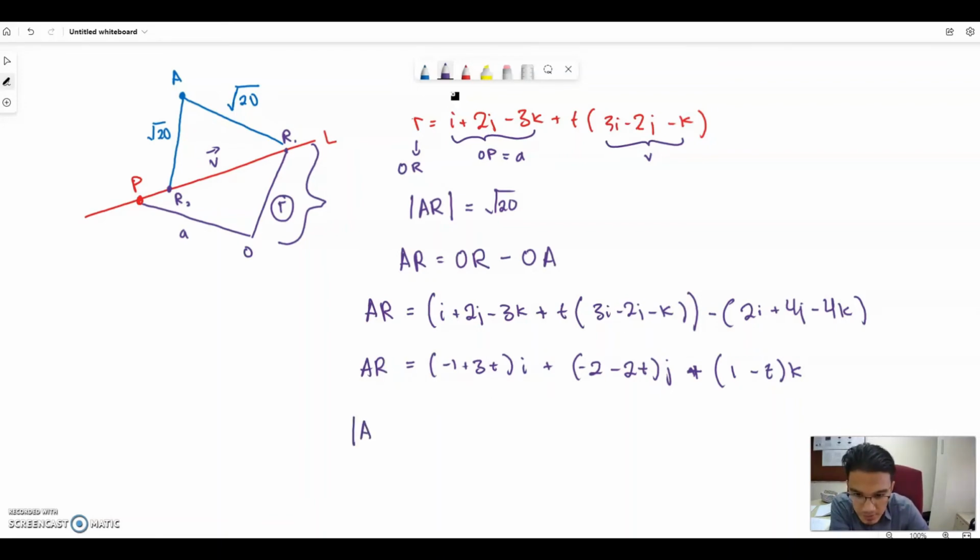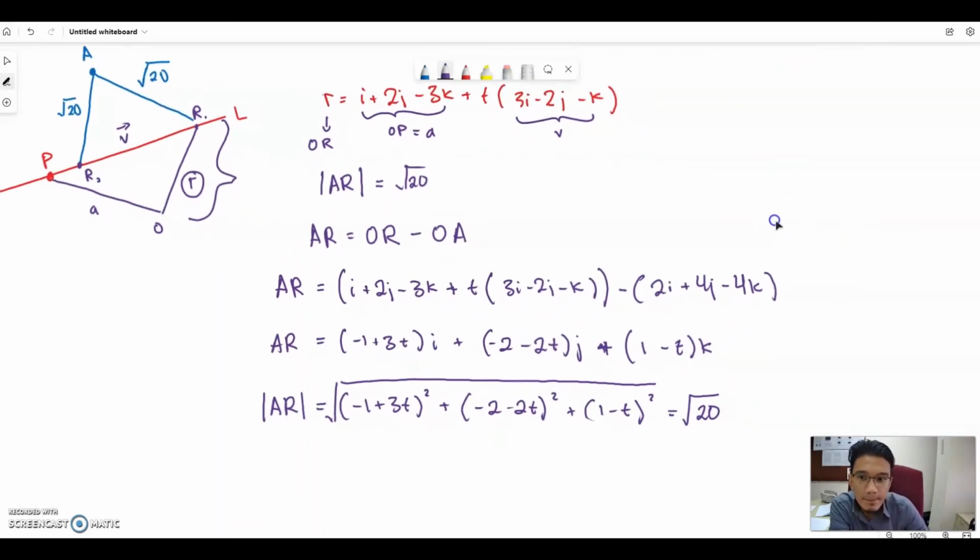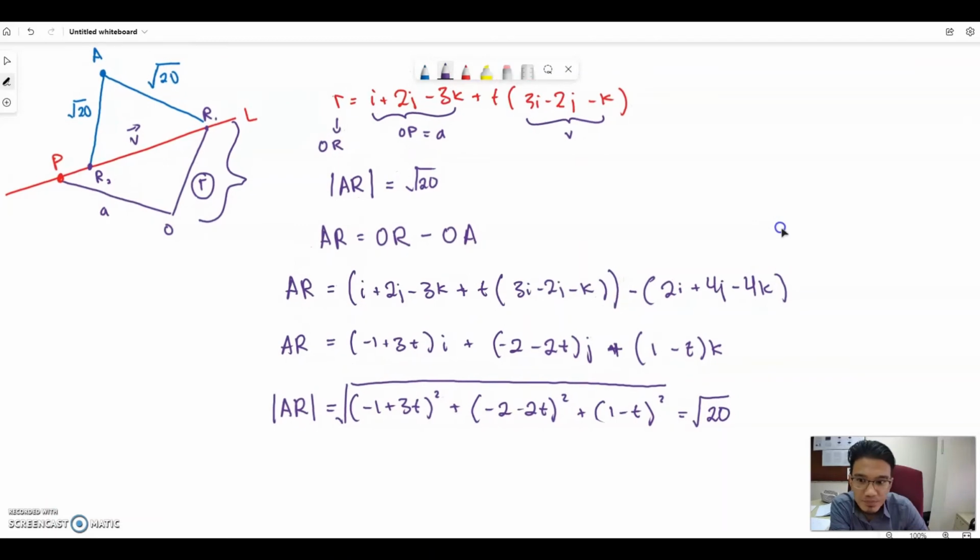Then AR magnitude equals the square root of negative 1 plus 3t squared, plus negative 2 minus 2t squared, and then plus 1 minus t squared, and don't forget the square root, equal to square root of 20. Okay, so we can remove the square root on both sides.